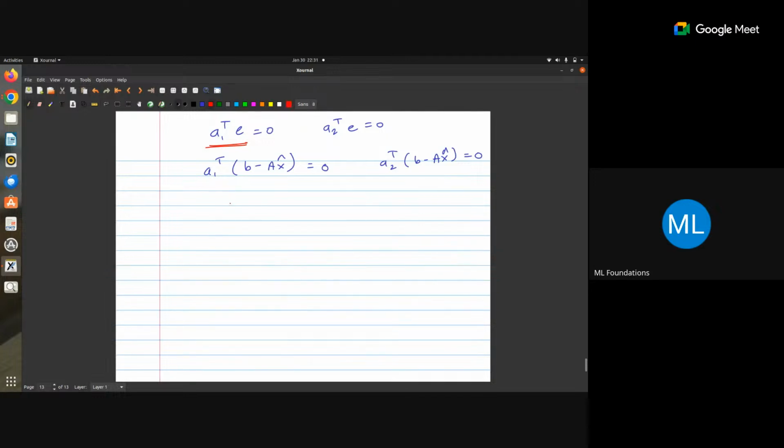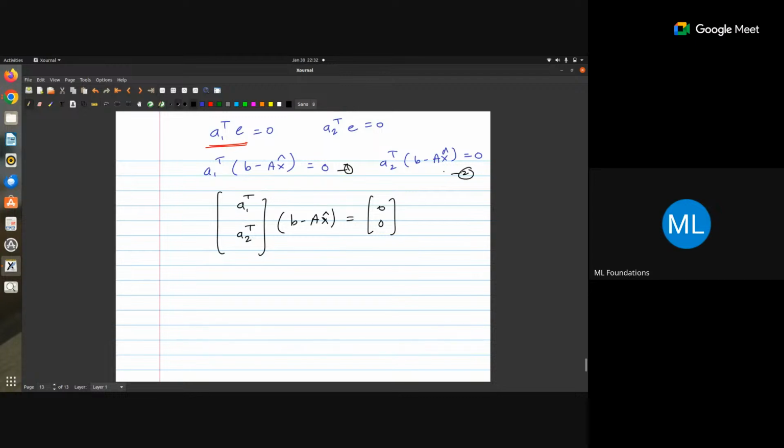Can I say that this A1 transpose here, and A2 transpose here, and I'm just saying that it is B minus Ax hat equal to 0? Absolutely, we can. You can just multiply these things and you will get the same thing. We'll get two equations. Yes, correct. This is equation 1 and let us say this is equation 2.